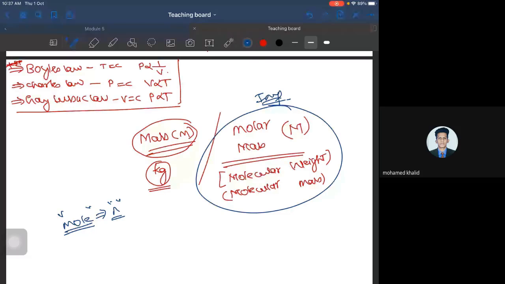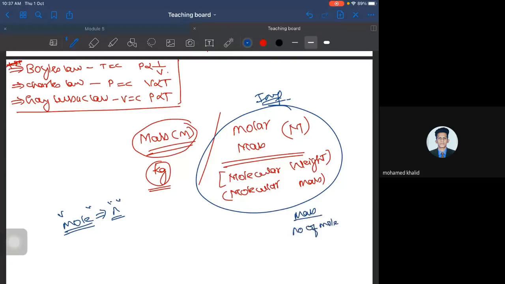Unit of molar mass, sir. Not exactly. You have mentioned that particular thing, so I'll be explaining it now. The molar mass is mass divided by number of moles.